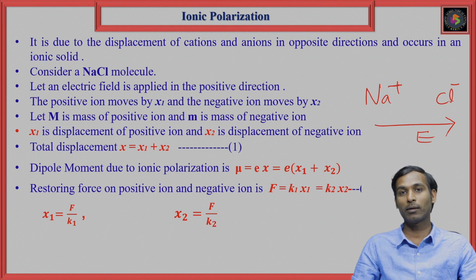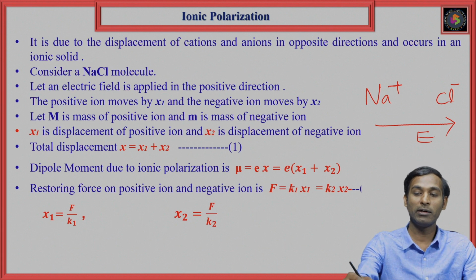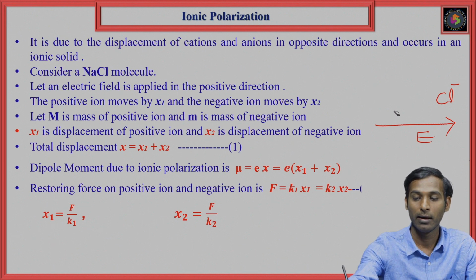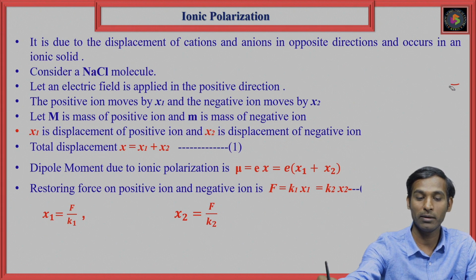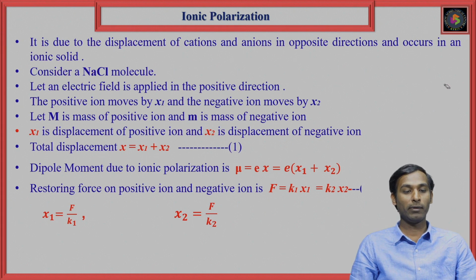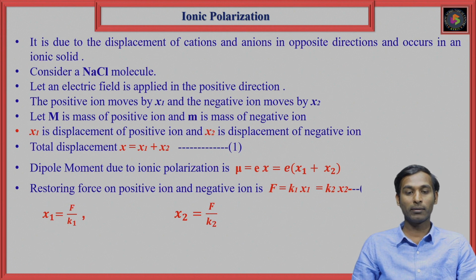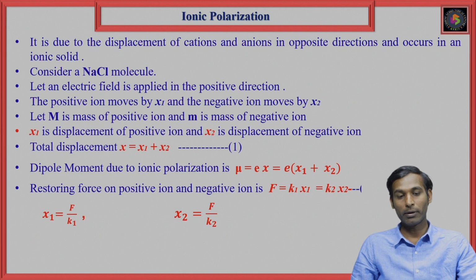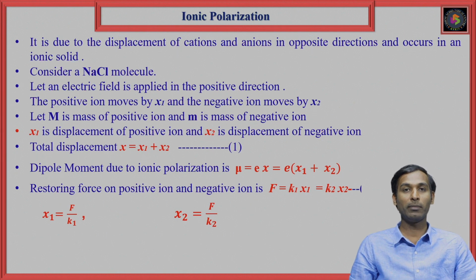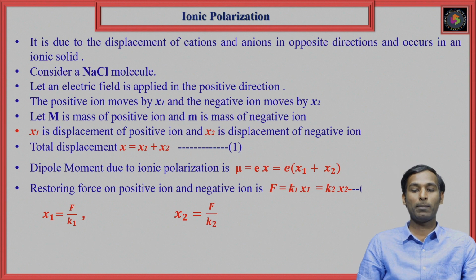Here k is some constant, x is the displacement of the particle. In that manner, the total displacement can be written as x is equal to x1 plus x2. x1 is the displacement of the positive ion, and x2 is the displacement of the negative ion. So the total displacement can be written as x equal to x1 plus x2.